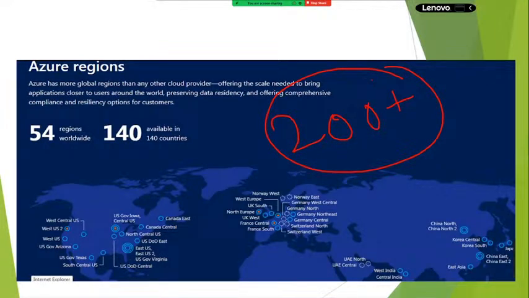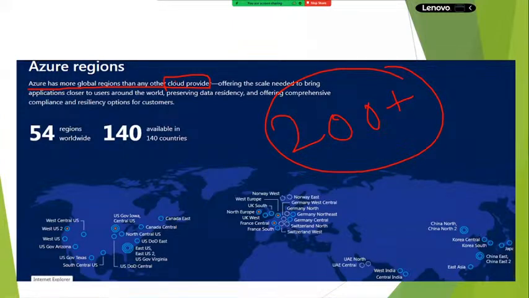This is the biggest and first organization to install this many data centers. They have directly mentioned that Azure has more global regions than any other cloud provider. Here, other cloud provider I can say means AWS.